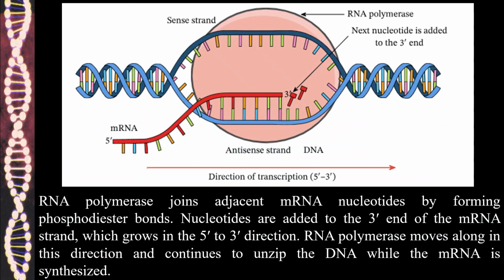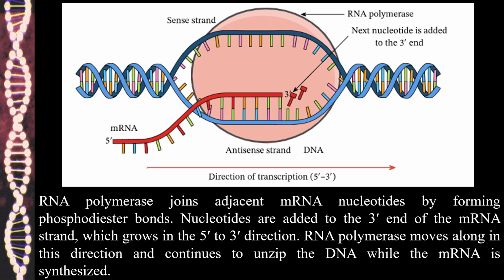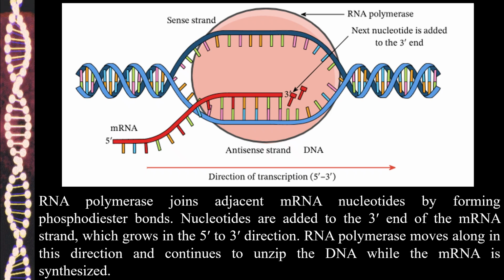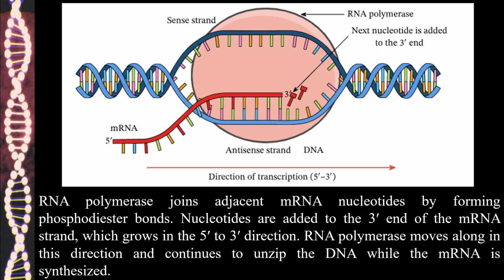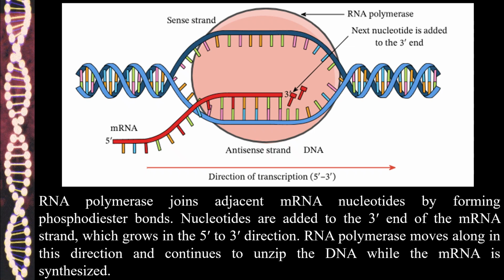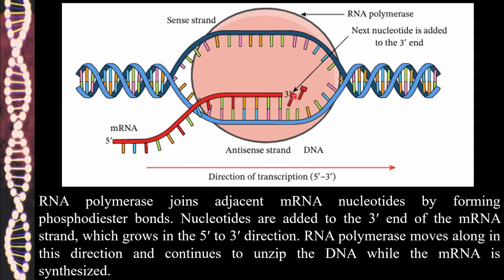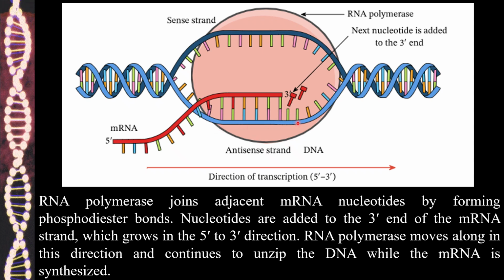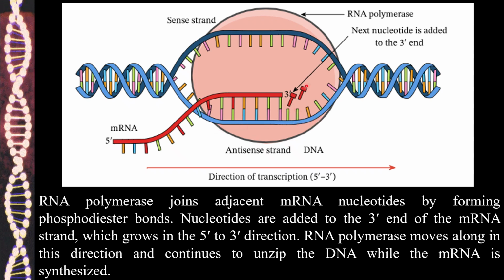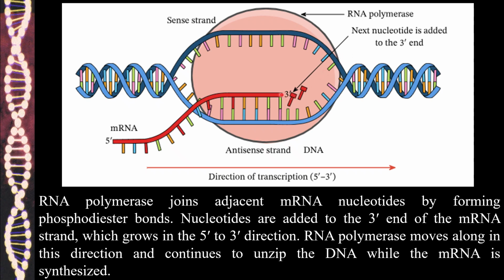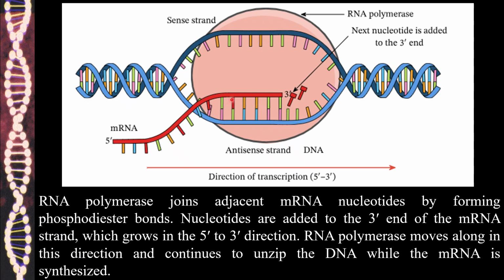As the RNA polymerase unwinds and opens up and separates these two strands of the DNA, the new nucleotides are added through complementary base pairing. As you can see here, this is the strand of the messenger RNA, 5' to 3'. This strand is copied from the antisense strand, also known as the template strand. The new nucleotide adds to the 3' end of this strand of messenger RNA.